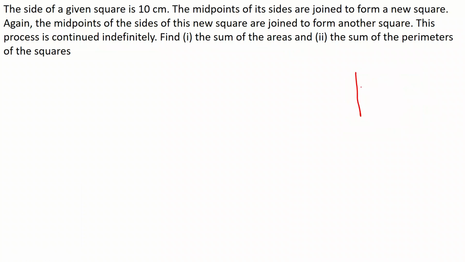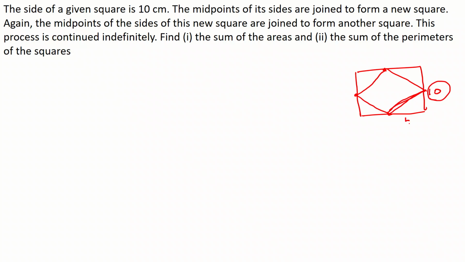First of all, I have a square with side equal to 10 centimeter, and then I take midpoints. Now I'm just showing you the relation between these two squares, because this relation will be carried forward to every square. My bigger square has a side of 10 centimeter, and I am interested in finding the side of this inner square.